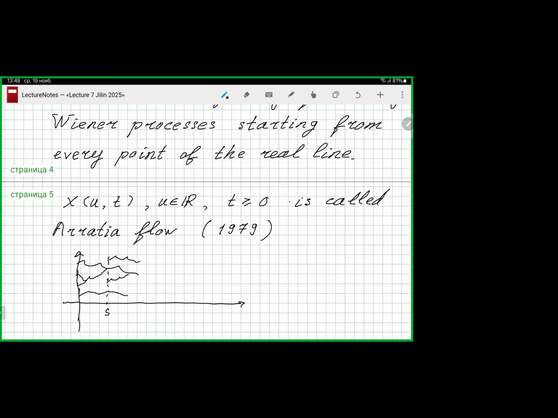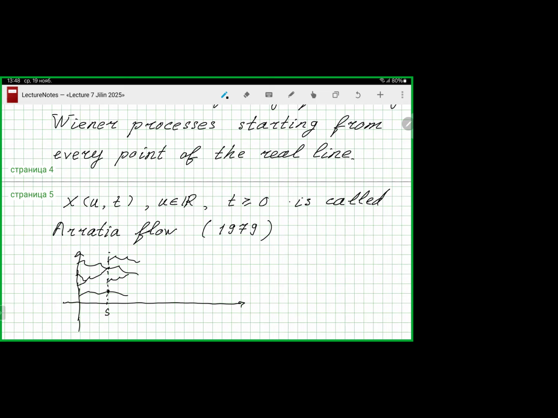Here, of course, we use the properties of the Arratia flow. For example, it can be proved that at any positive moment of time, the old trajectories organize only a discrete set on the real line.